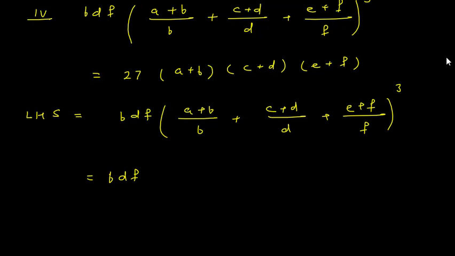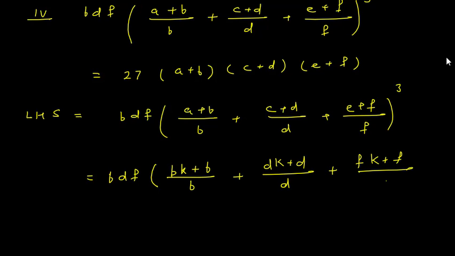So inside the bracket, this a I will write as (bk plus b) whole divided by b, plus this I will write as (dk plus d) whole divided by d, plus here I will write e as (fk plus f) whole divided by f, and then we have the cube.